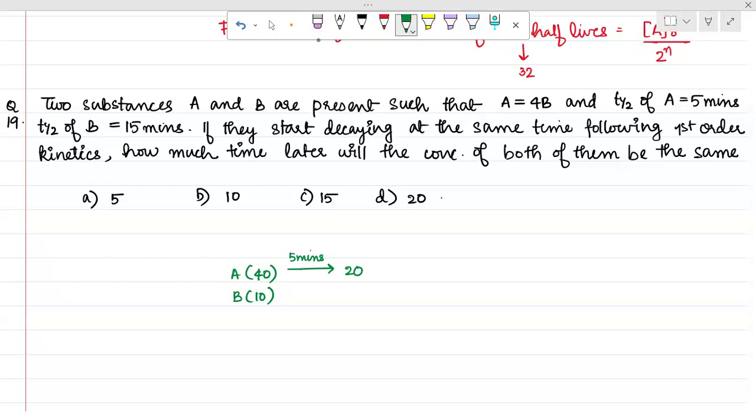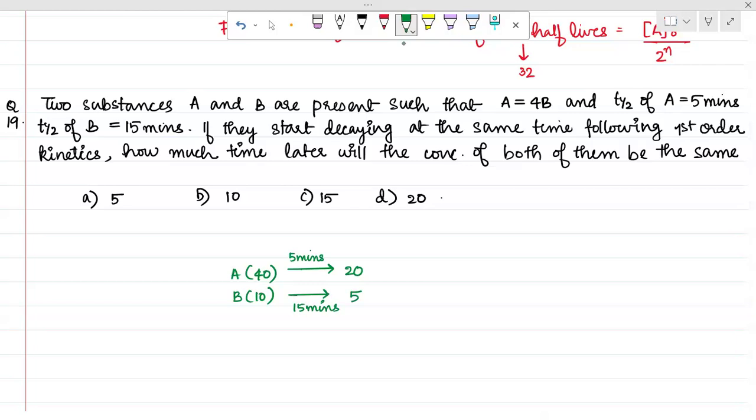Whereas for B, the t half is 15 minutes, which means 50% reduction will take 15 minutes. B was 10 initially. After 50% reduction, how much will be left? 5. Correct? But A is still at 20.